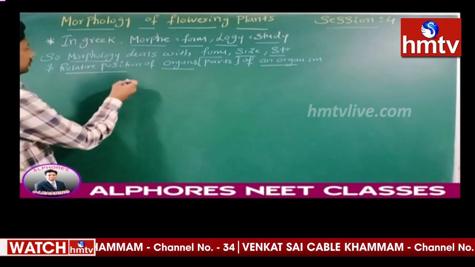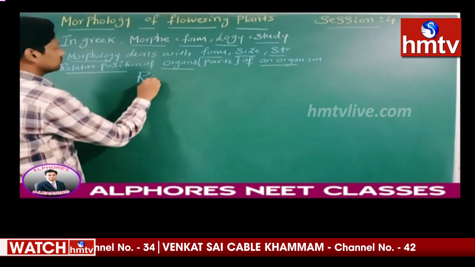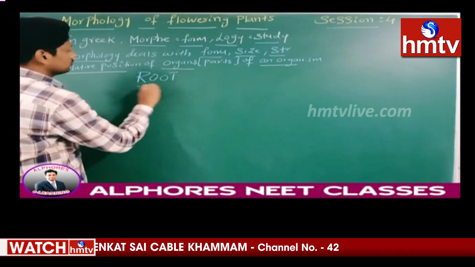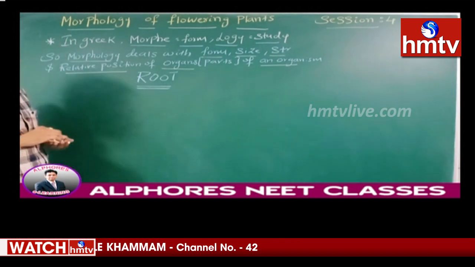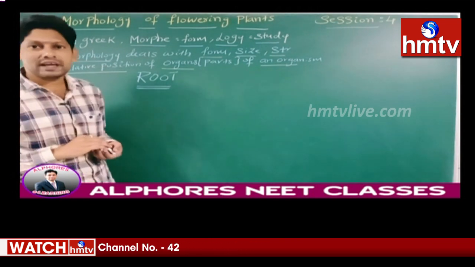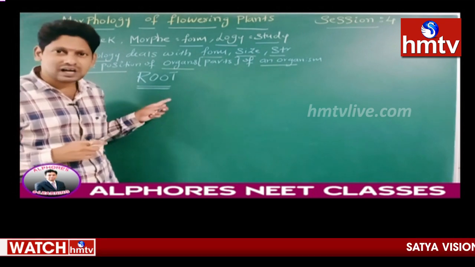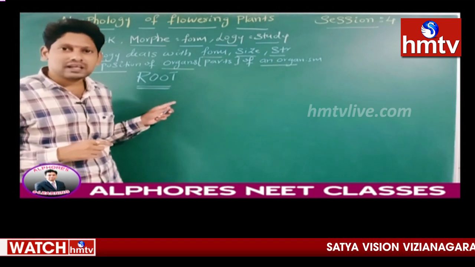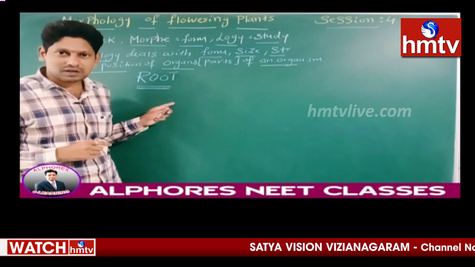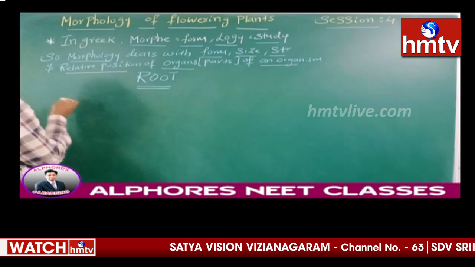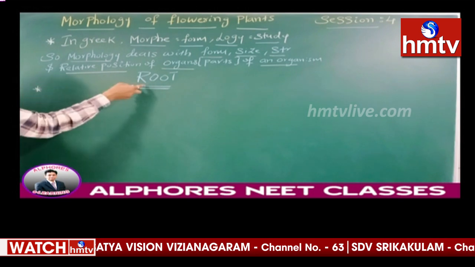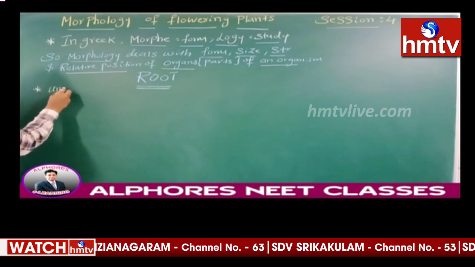What's a root? A root is the underground main axis of an angiospermic plant. Therefore, a root, is it aerial or underground?